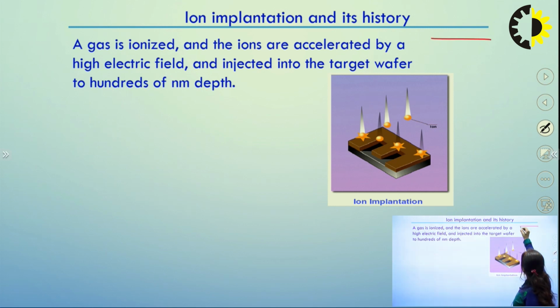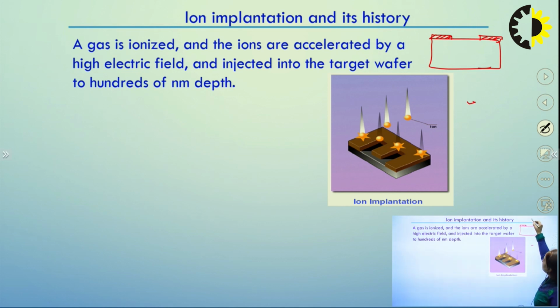Suppose we have this substrate, and we need to diffuse in this area, right. We have removed the oxide from here, and we need to diffuse at this area. So in case of diffusion, your lateral diffusion will also occur.